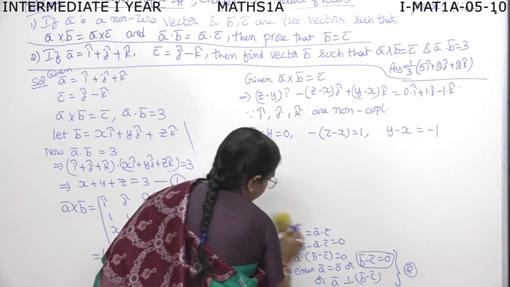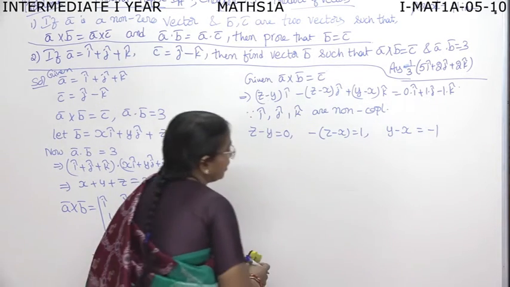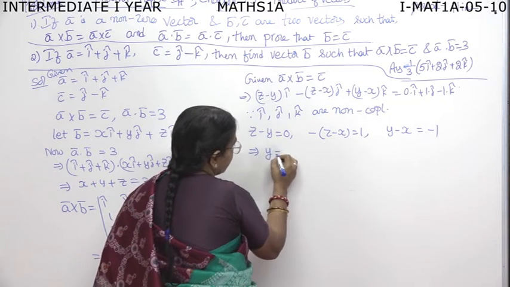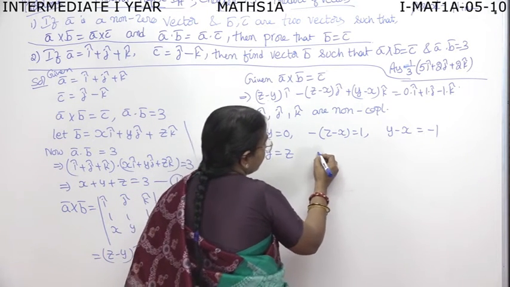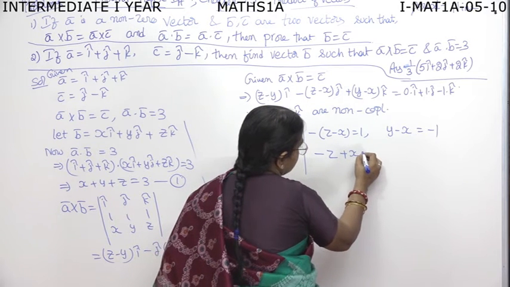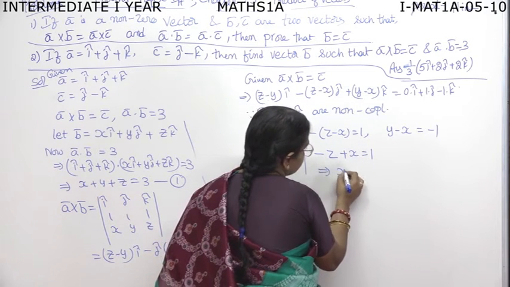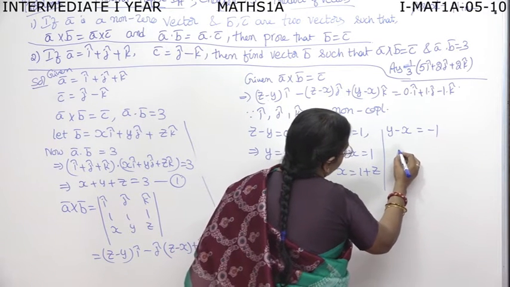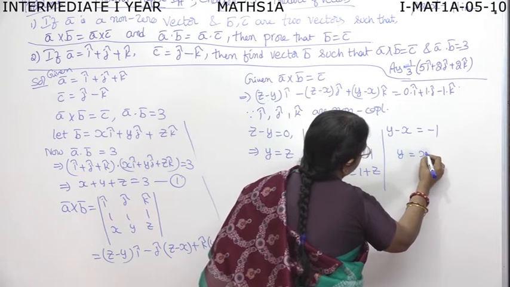So these are the equations. Now you must solve them for x, y and z. This means y is equal to z, and here you will get minus z plus x is equal to 1. So x is equal to 1 plus z, and y is equal to x minus 1.